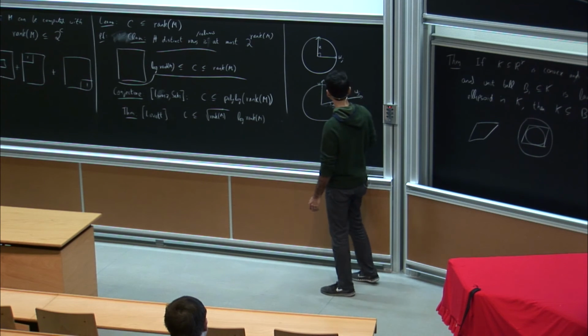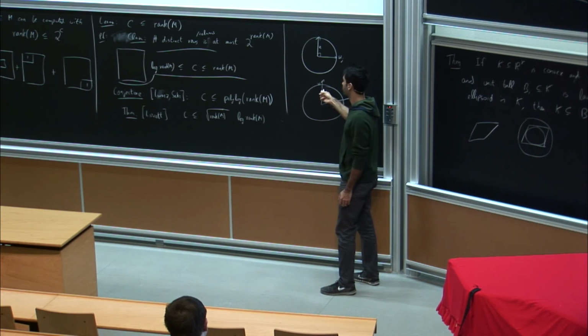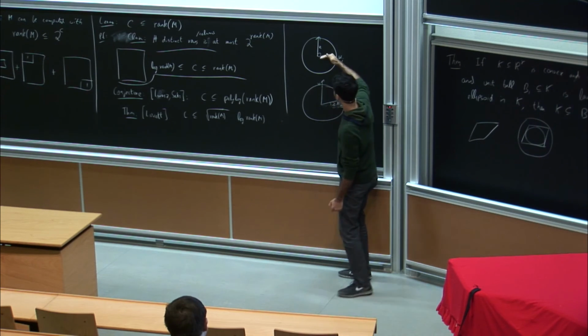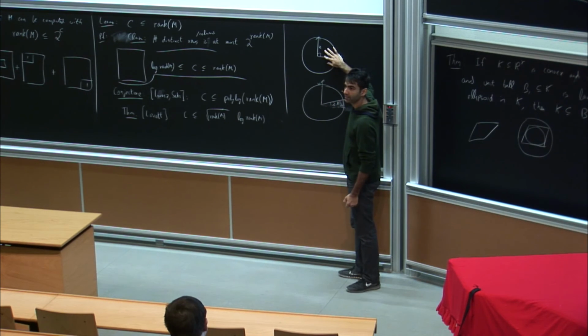So what you can show is that because this is a short vector which has inner product 1, this angle here must be at least 1 over squared R. So it's large. So there's a big difference between these two cases. Here the angle is exactly 90 degrees. And here the angle is at least 90 minus 1 over squared R.